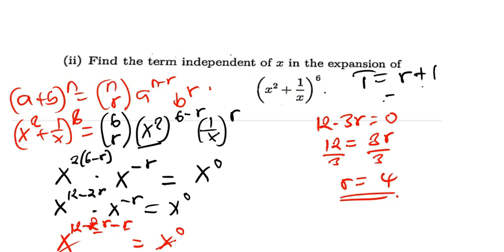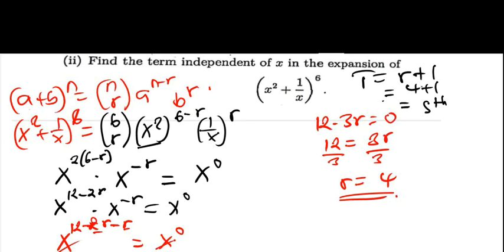So now r is 4. So now after knowing that this is the fifth term, the fifth term is the term that doesn't have x if we expand this.